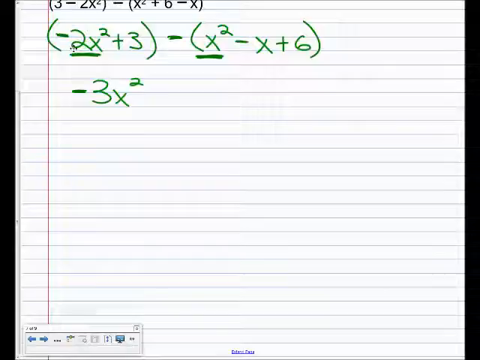If you look, there is an x to the first power over here. So it's nothing minus negative x. Zero minus negative x is actually positive x. Remember, subtracting a negative is really addition.